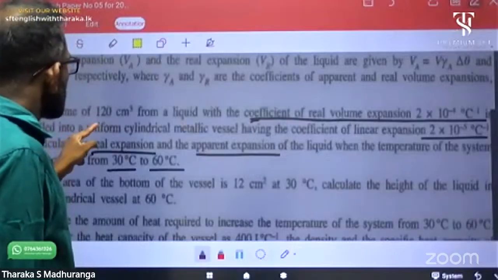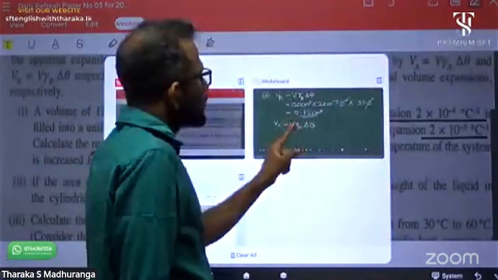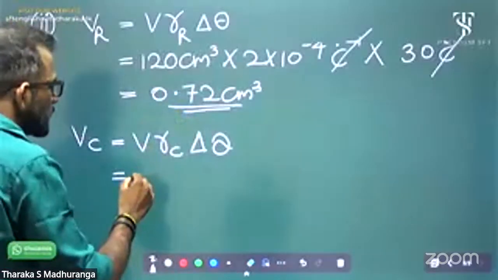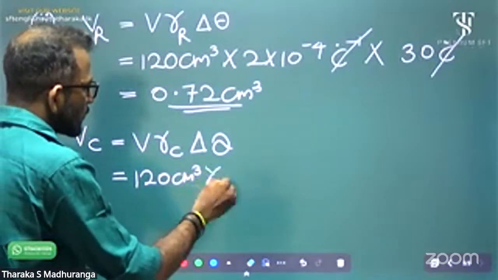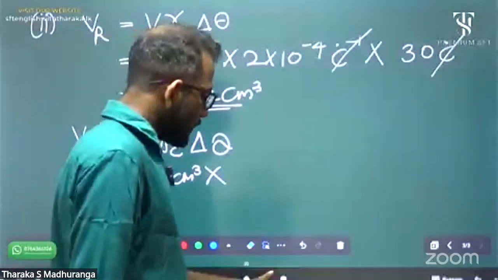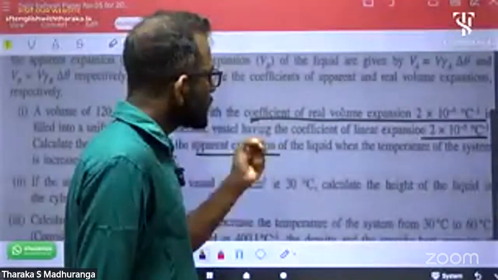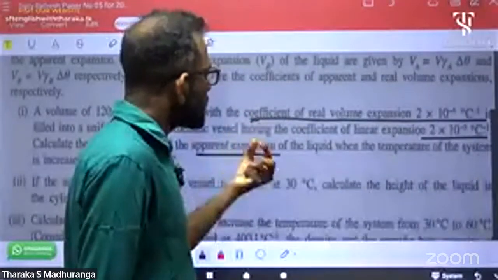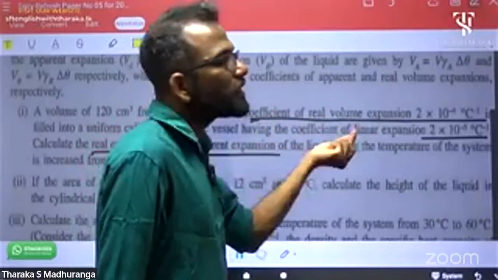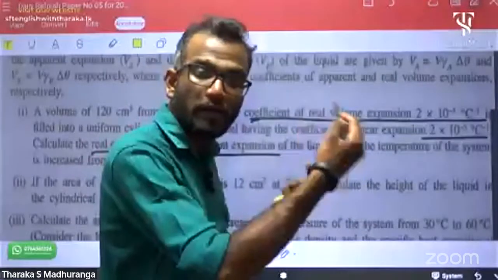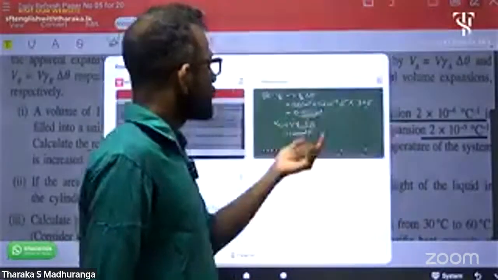It's filled into a uniform cylinder, completely filled. Then the volume of the container equals the liquid volume, 120 cubic centimeter. Now Joel, your point is correct. Now I want the container vessel material's volume expansion coefficient, but it is given as linear expansion coefficient. You have to multiply by 3 to convert linear expansion into volume expansion.